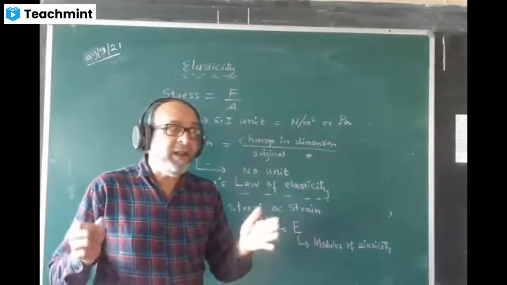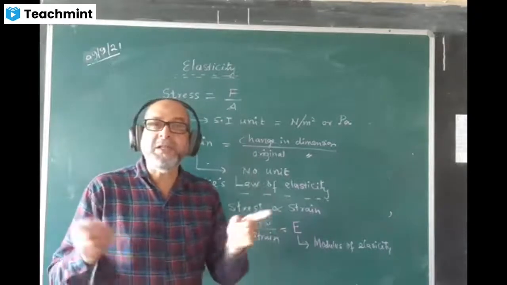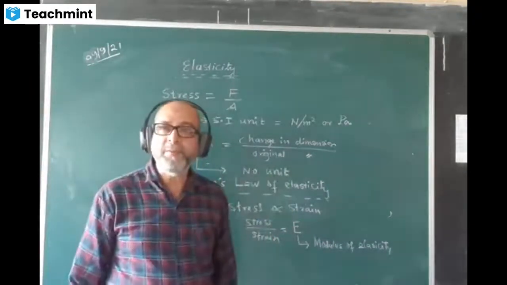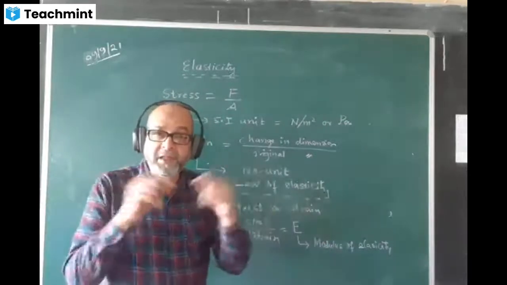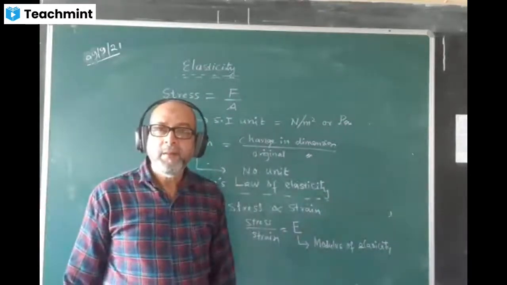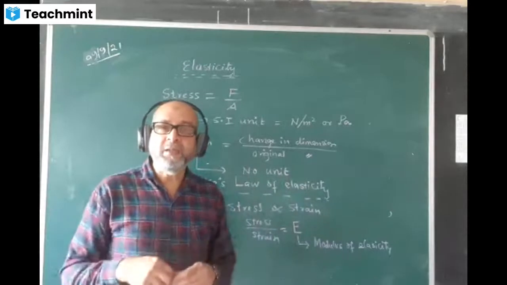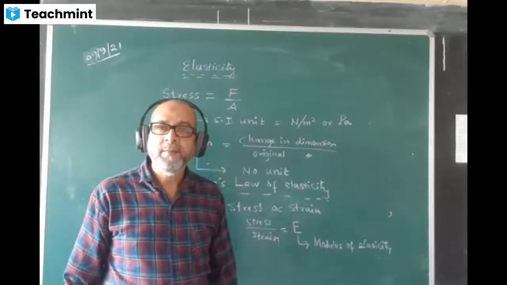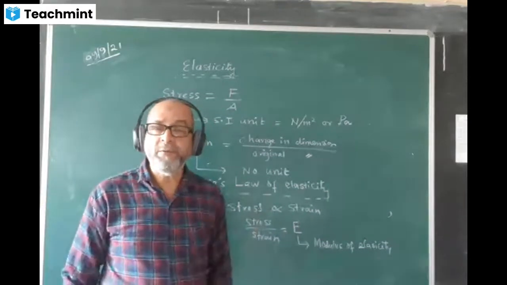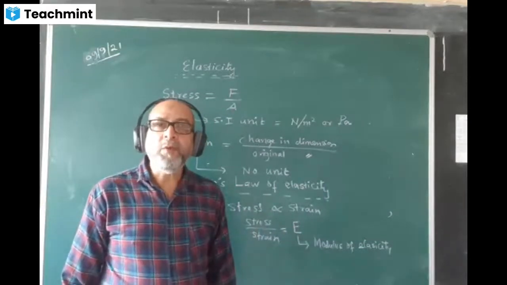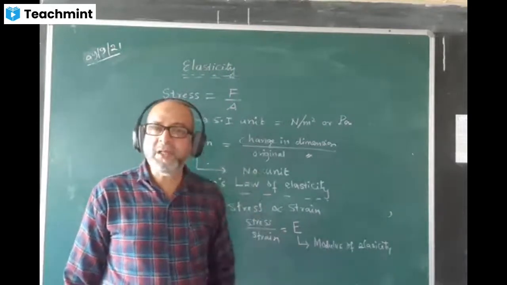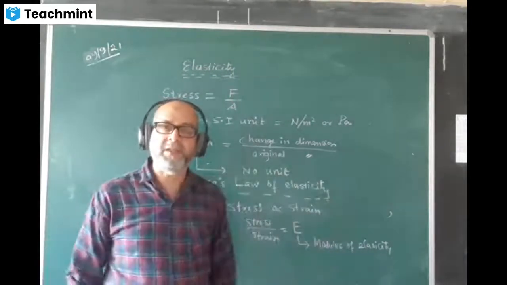It means the body has more tendency to return back to its original dimension, more perfectly. And when the value of E is less, the body is returning back, but not with that perfection. The body is less elastic. Though both bodies are elastic, one is more elastic, one is less elastic.